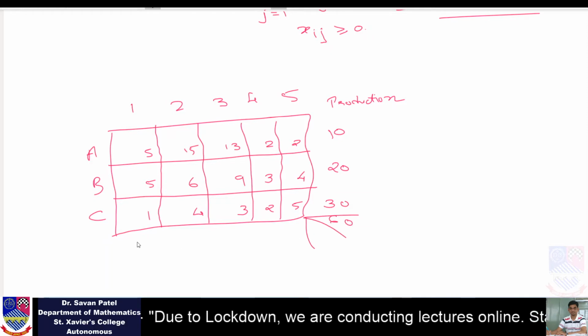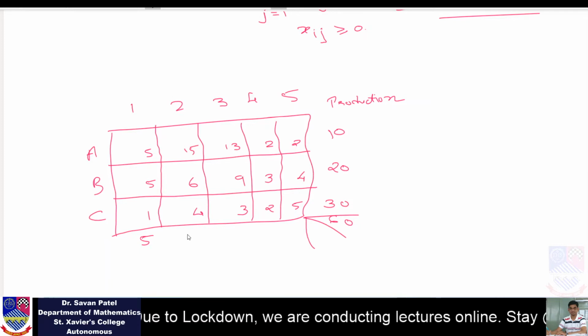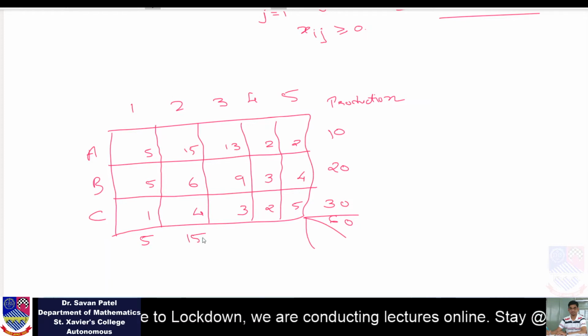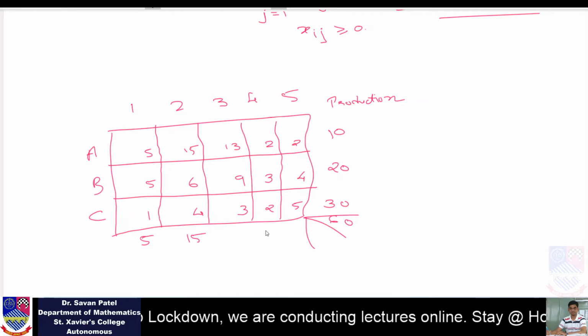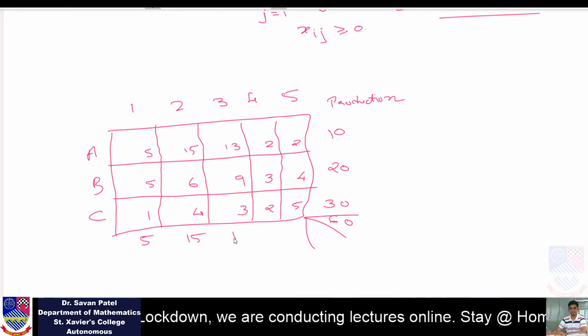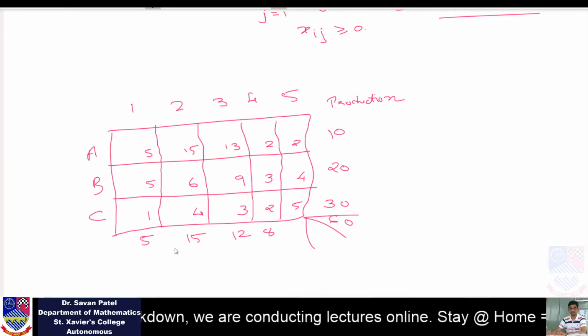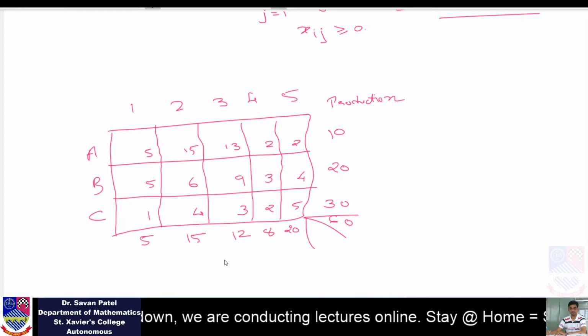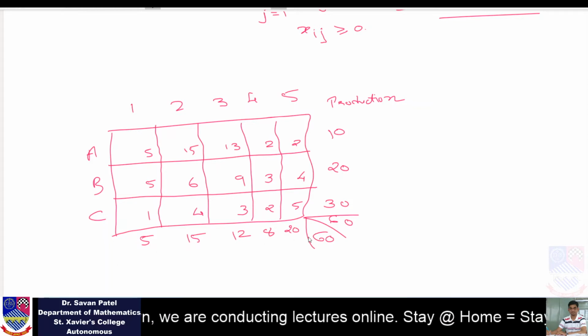Here the requirements are 5, 15, so it is now 20, let me write here 12, 8, so it is again 20, and here let me write again 20. So this sum is also 60.